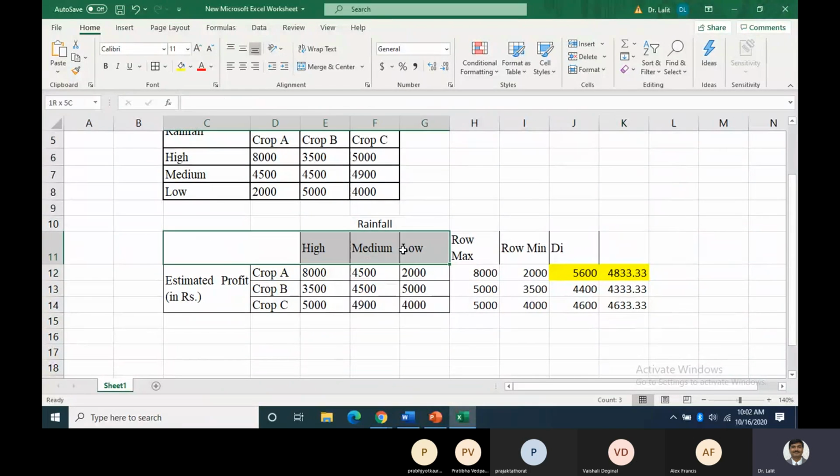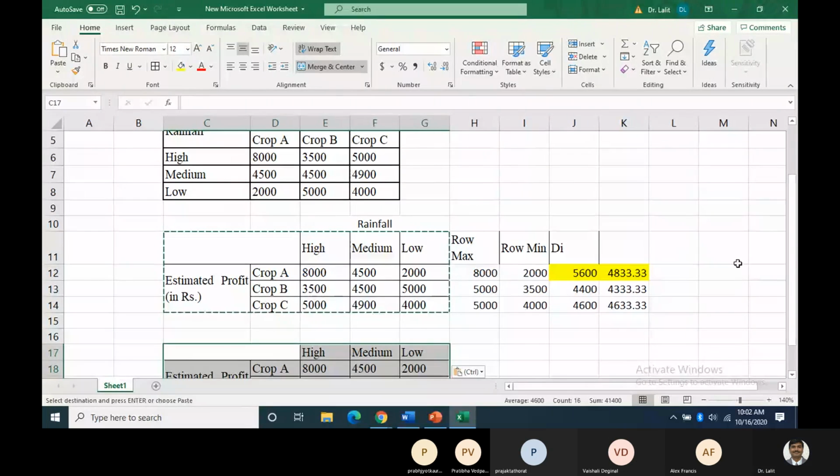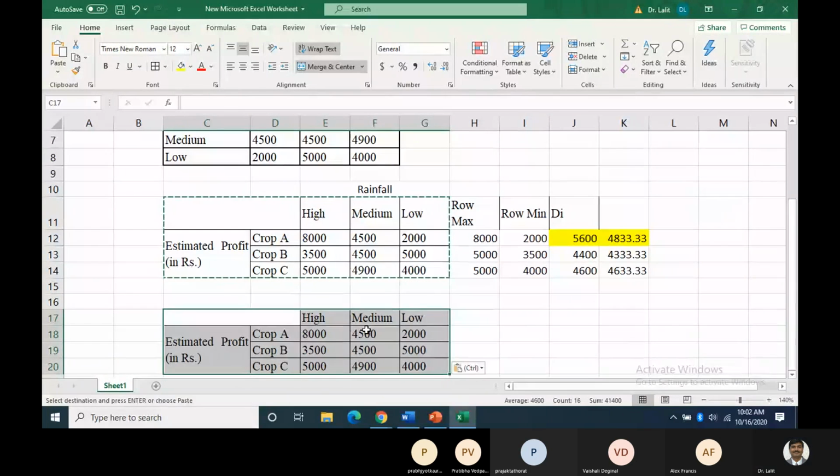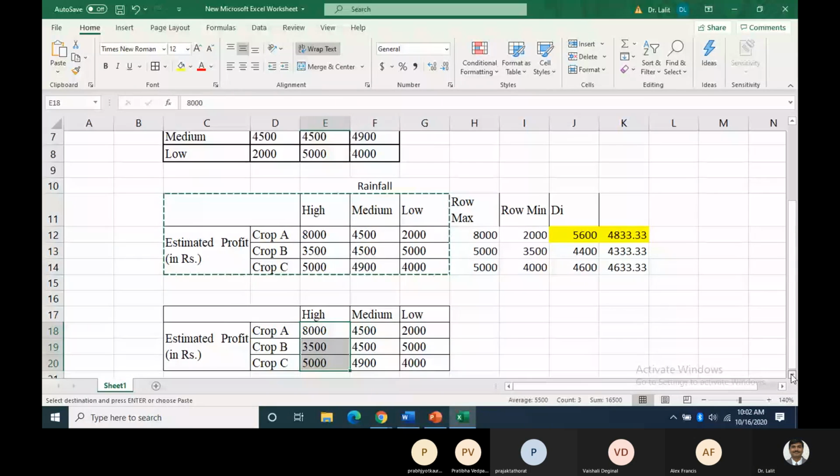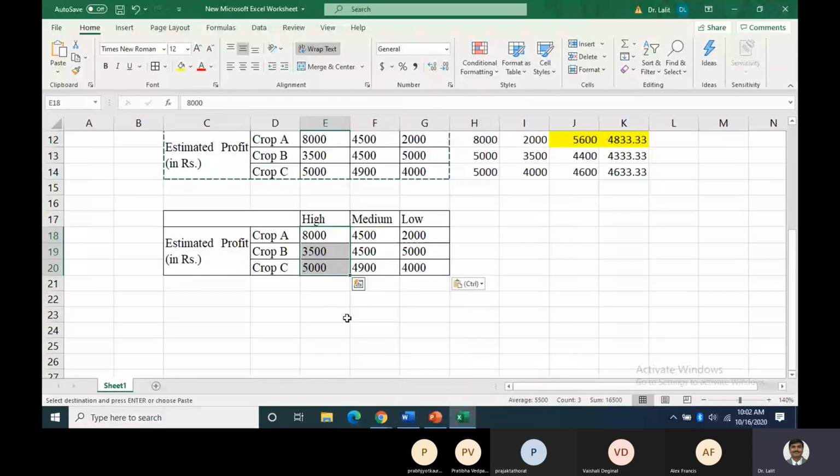I'll copy this table again. Okay. Now, in the event of occurrence of high rainfall, the best payoff is 8,000. Okay. So for this column, we'll set 8,000 as a benchmark score, right?